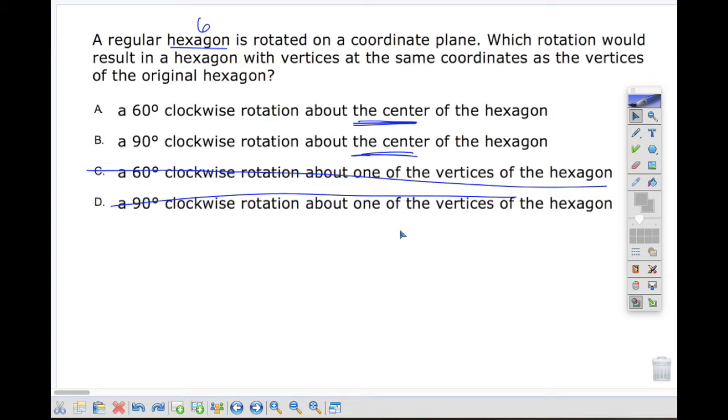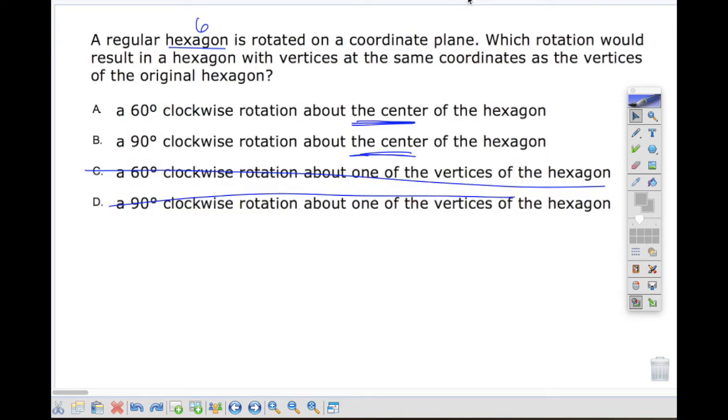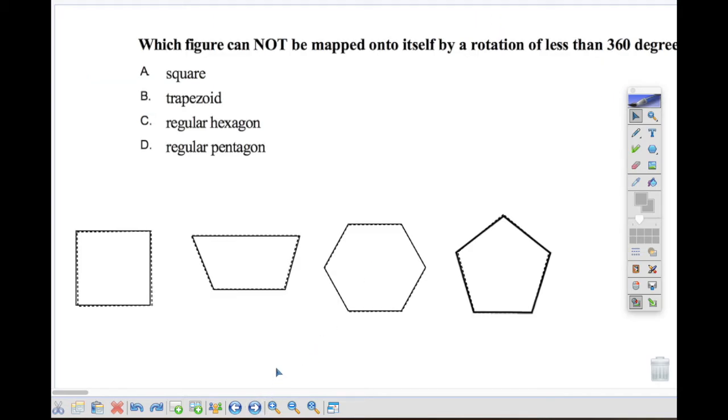Okay, so figure out which rotation would make it symmetrical. I would need to do 360 divided by 6. That means every 60 degrees, the hexagon would be rotated back onto itself. That's why it's 60 degrees.